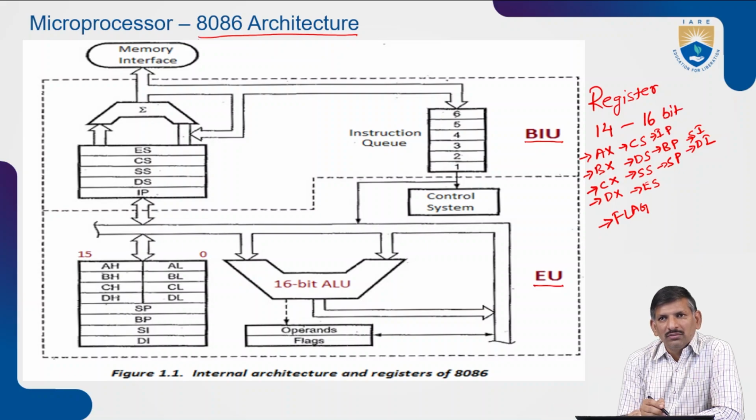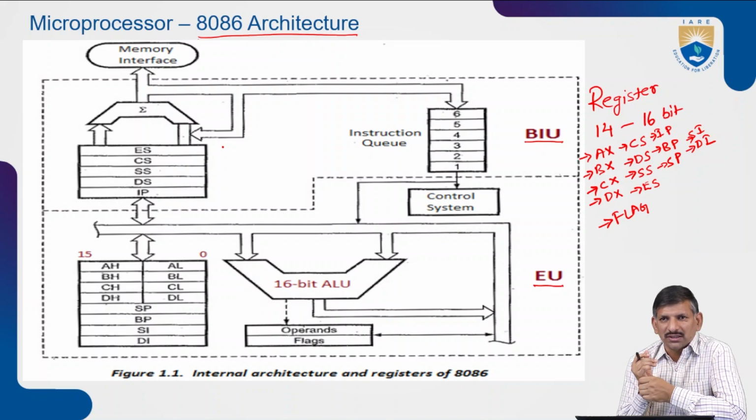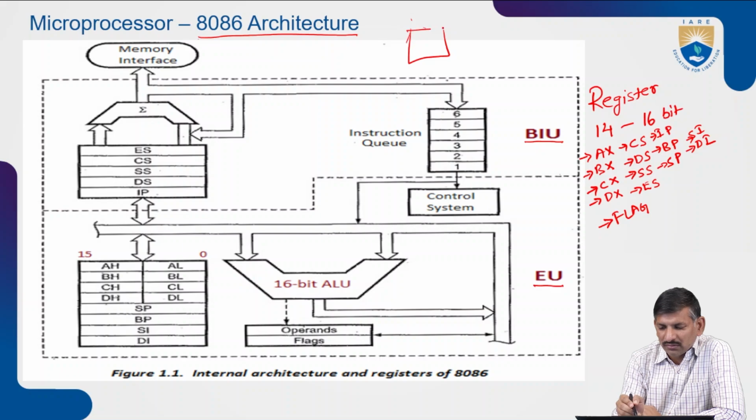First, I want to find out the address from which I can fetch the instruction. How can I get that information, that instruction address? If you look at the memory organization, it contains segment address and offset address. Suppose 0th segment, offset address 00 to 0th segment, offset address FF. This is the range.